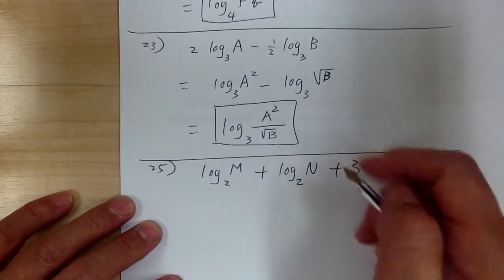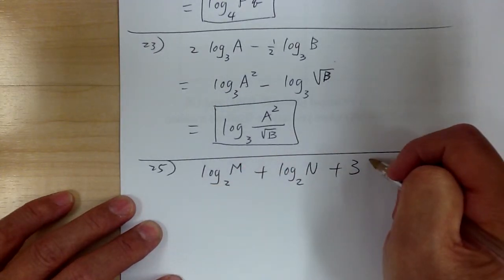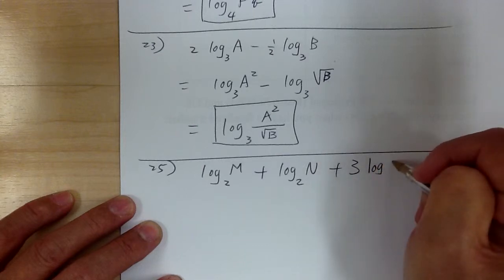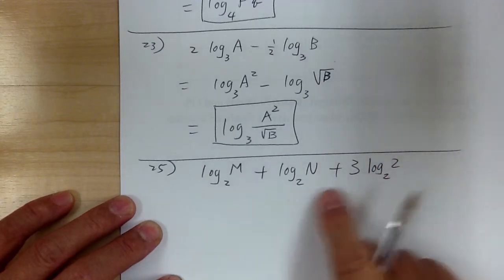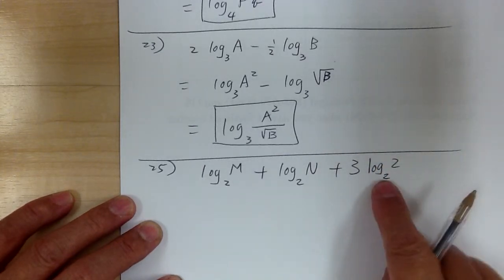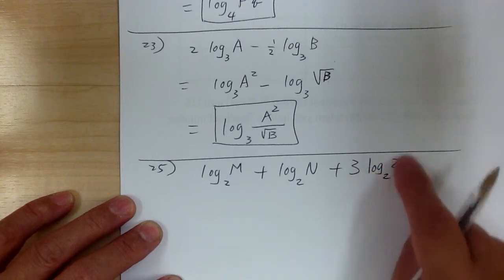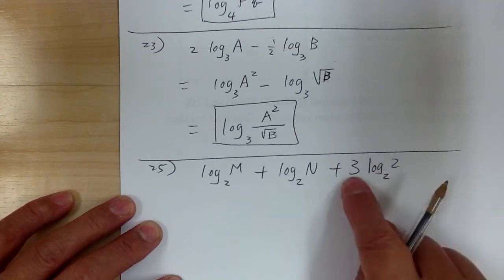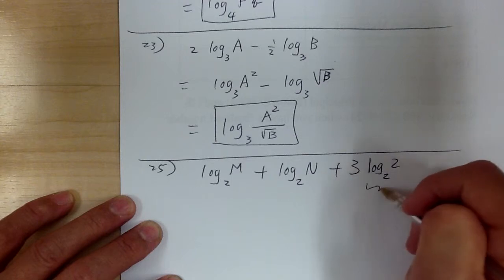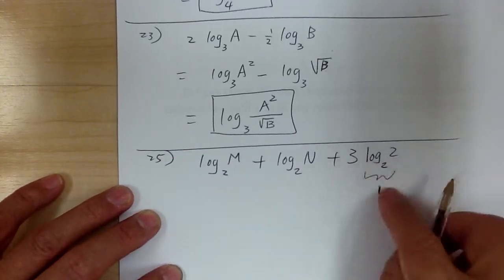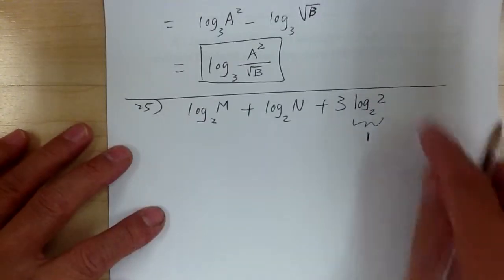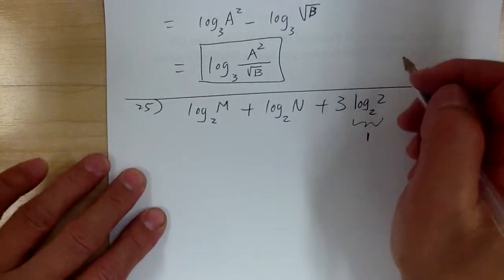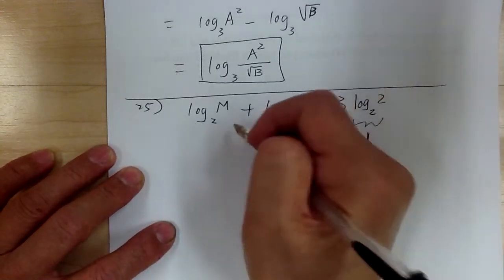So in order to combine, you have to have the same. So what you do, you're going to just put log 2 base 2. So if it's base 2, you put log 2, right? So log 2 base 2 is equal to 1. So this is 3 times 1, which is still equal to 3. Okay, so this is the trick that you need to know. So now you can combine it, right?